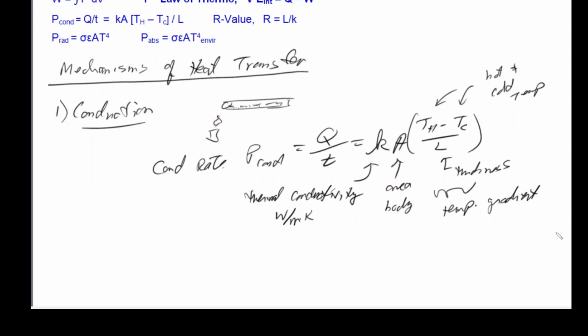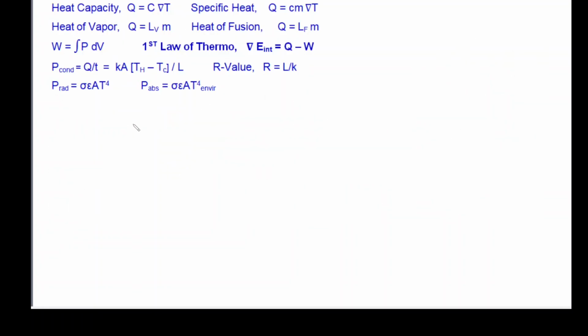Now, I also want to point out that the conduction rate that I've written as P sub COND is also written as H in many textbooks. So these are the same things, the conduction rate of heat in a body. Now you can also have resistance to conductivity.